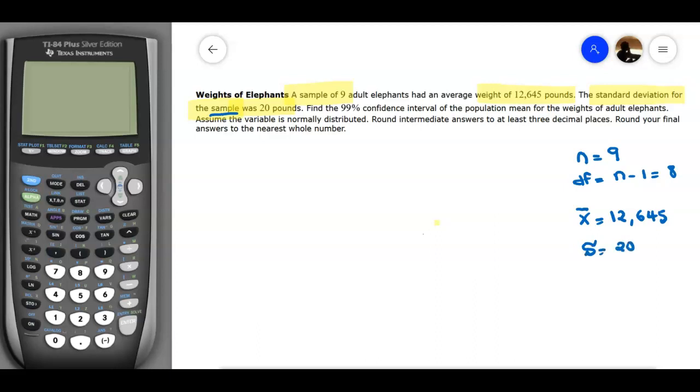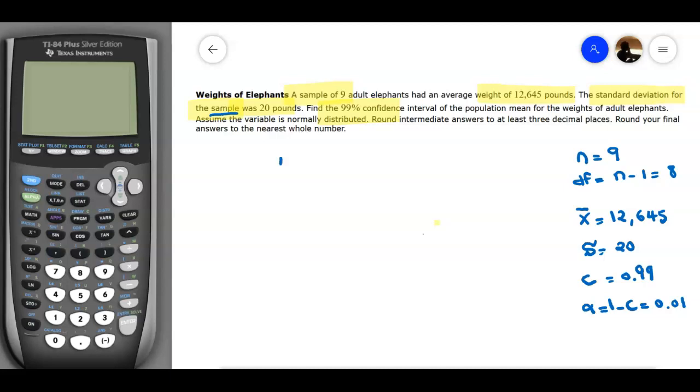So S is going to be 20, and the 99% confidence interval is going to be C. If we are given C, then alpha equals 1 minus C. Sorry, alpha is going to be 0.01. Now, how can I use all this information? Remember, you are looking for t alpha over 2.